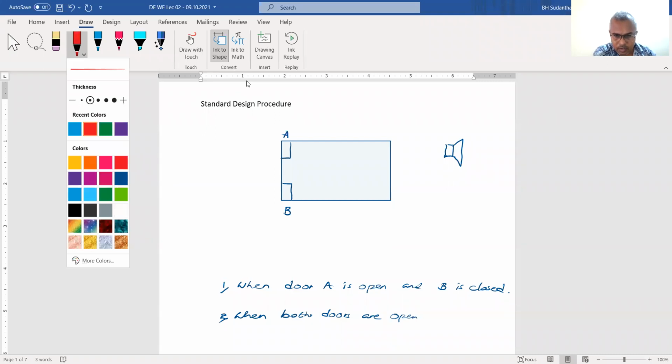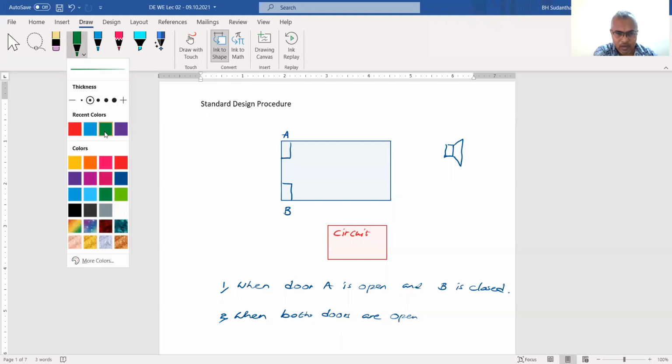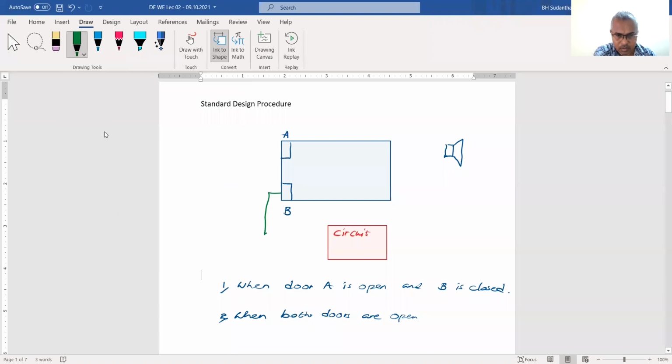Then we make a circuit, and this is the circuit we are going to make. These two wires are coming from the sensors here. We have fixed two sensors.